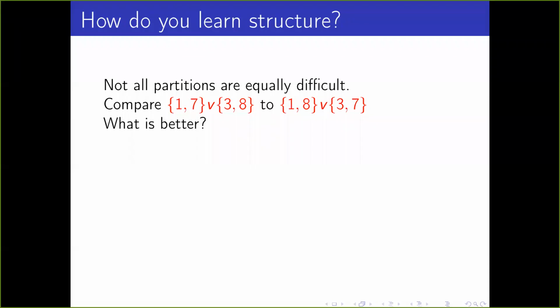The 1 and 7 versus 3 and 8. Why? Because the first split will be easier, distinguishing 1 and 7 versus 3 and 8. But the second split will be harder, right? Because splitting 1 versus 7 is harder than splitting 3 versus 7.